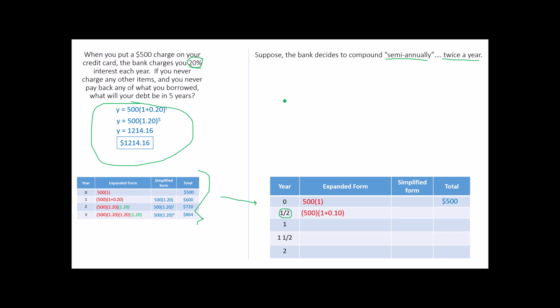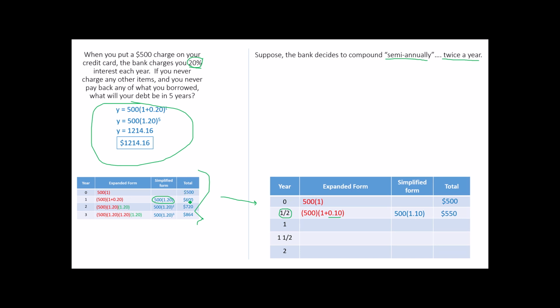In other words, in half a year, they'll charge us 10%, and then the second half of the year, they'll charge us the other 10%. So instead of charging us 1.20 like they did in the first problem, they're only going to multiply this by 1.1, which is $550.